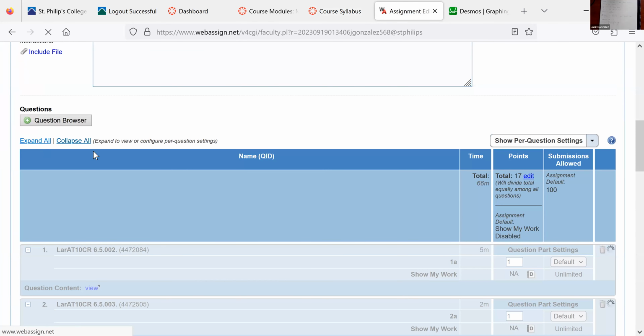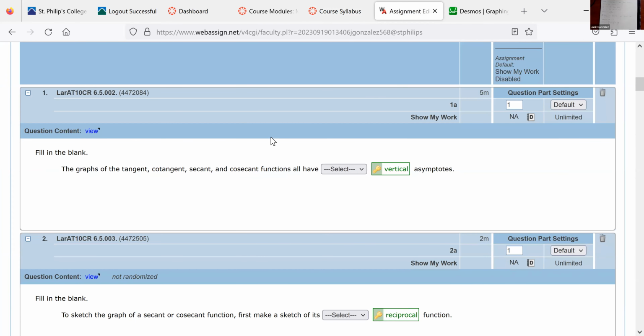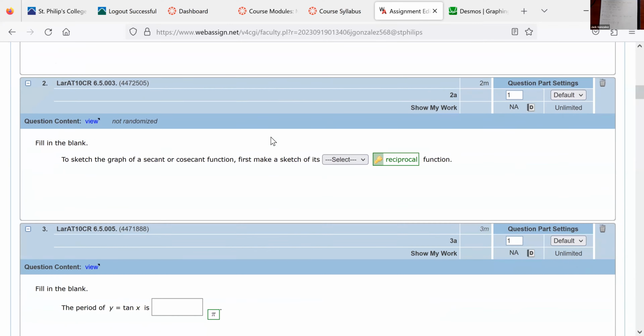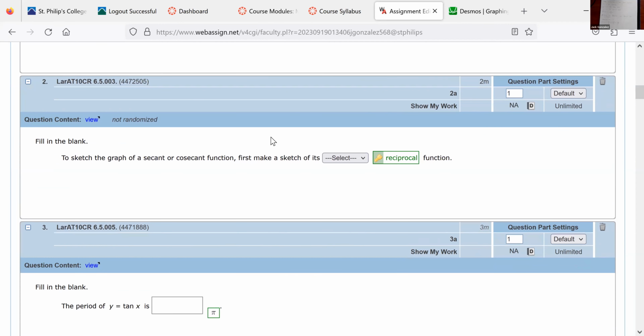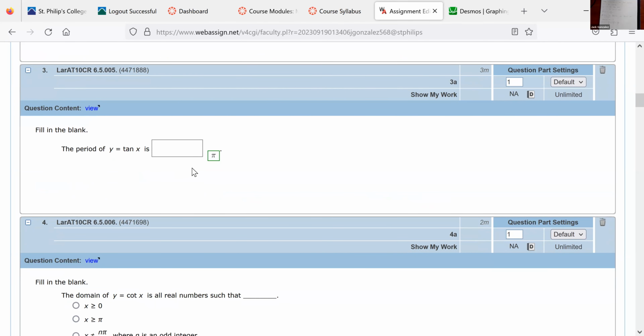Let's go ahead and look at them. Yeah, for tangent it's going to be pi. So let me write that down here. For 6.5.